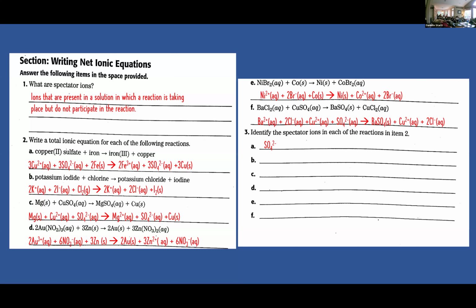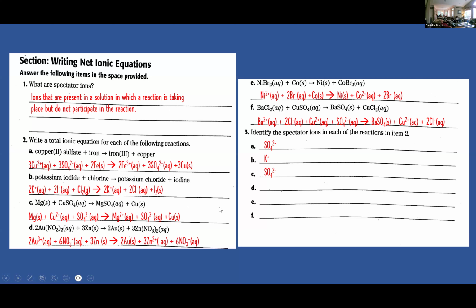There you go. Yep, you got it. How about for letter C? What do we have, Caitlin? There you go. Yes. Oh, the SO4 too, right? They're in their second one. Oh no, because your magnesium is a solid and then it's aqueous. So yep, sorry, that's going to be your sulfate. You've got to watch the state.